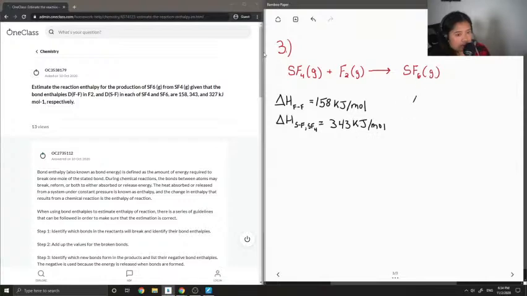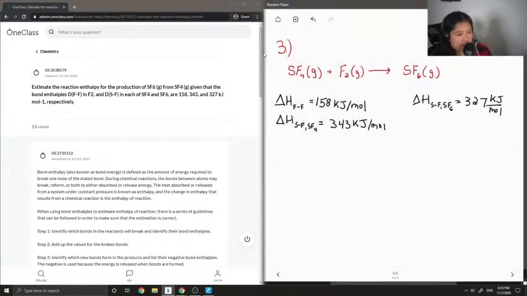And then lastly, I'll write down the enthalpy of the other SF, but this time this is for sulfur hexafluoride, and it is 327 kilojoules per mole.